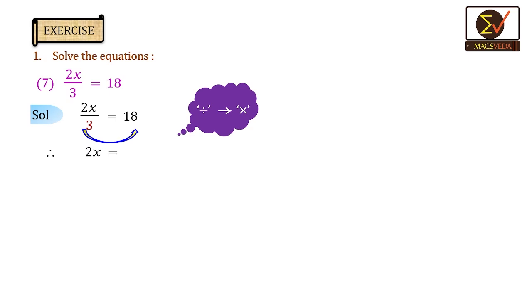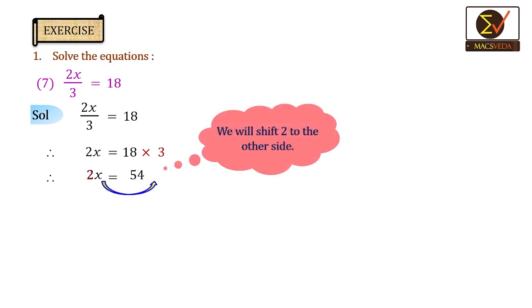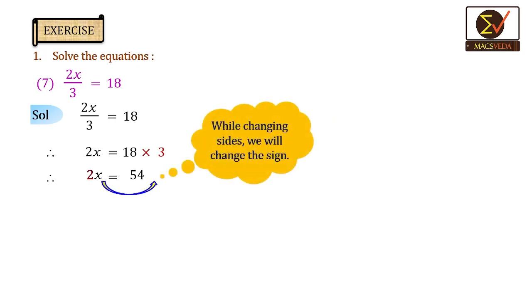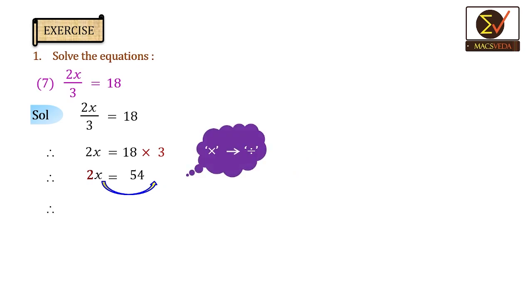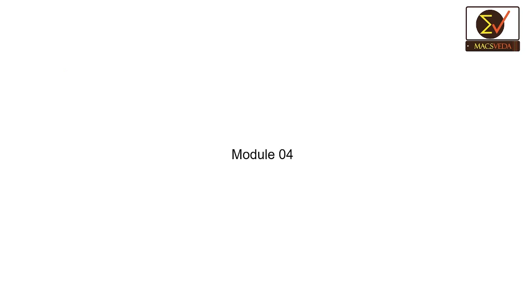Hence, 2x is equal to 18 multiplied by 3. 2x is equal to 54. x will be 54 divided by 2. As 2 is a multiplicand on the left hand side, when you shift, you have to change the sign. So that will become 27. So the solution of the equation is 27.